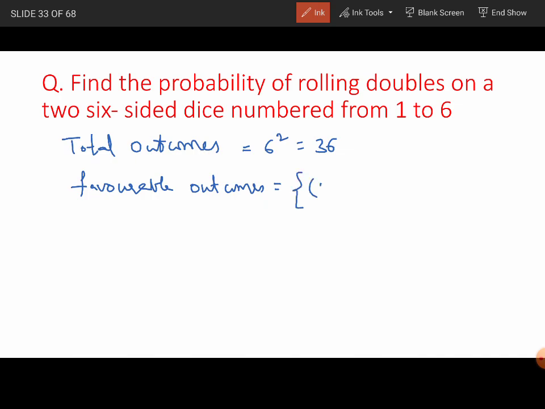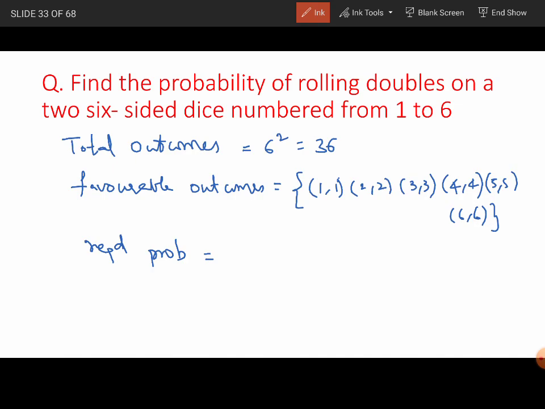Getting doubles means the same number: 1, 1, 2, 2, 3, 3, 4, 4, 5, 5, 6, 6. So the required probability is favorable outcomes by total outcomes. How many favorable? 1, 2, 3, 4, 5, 6. 6 by 36. So 1 by 6 is the answer.